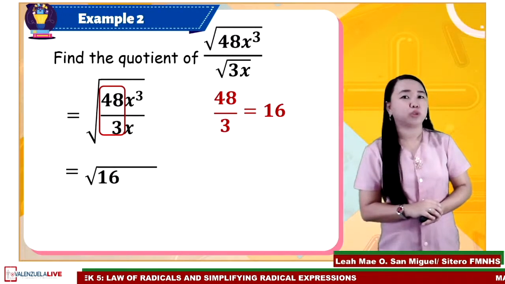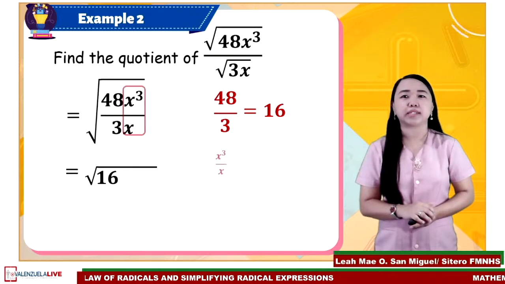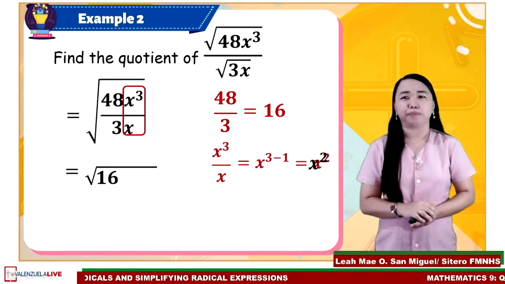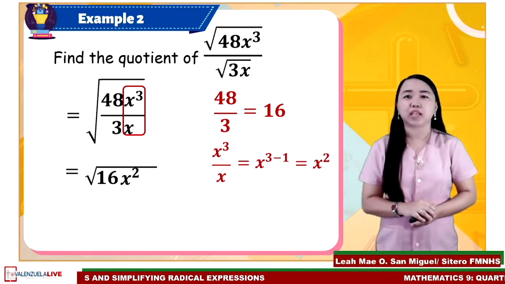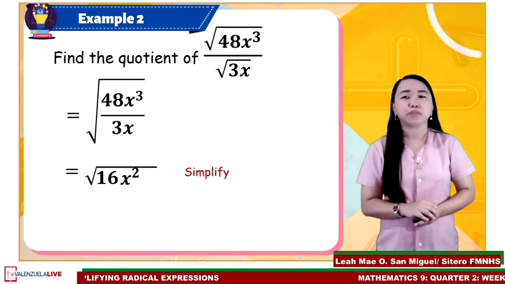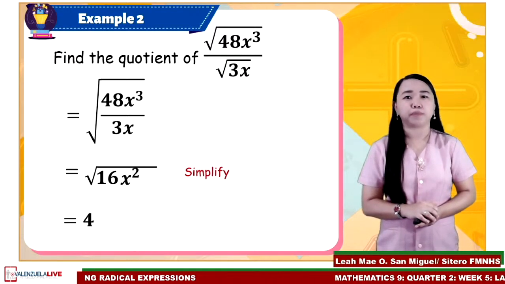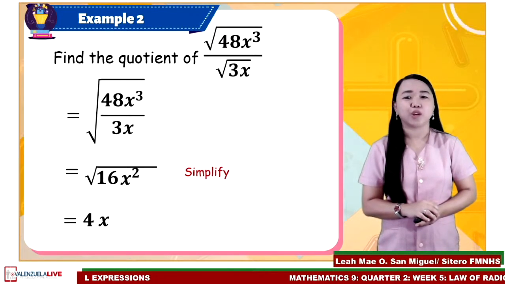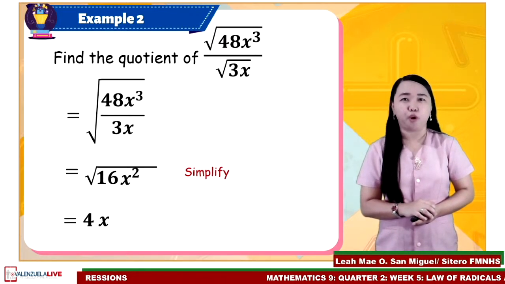Applying the quotient rule of laws of exponents, x cubed divided by x is x squared. We subtracted the exponents 3 and 1. Square root of 16 is 4. And square root of x squared is x. So the result is 4x.